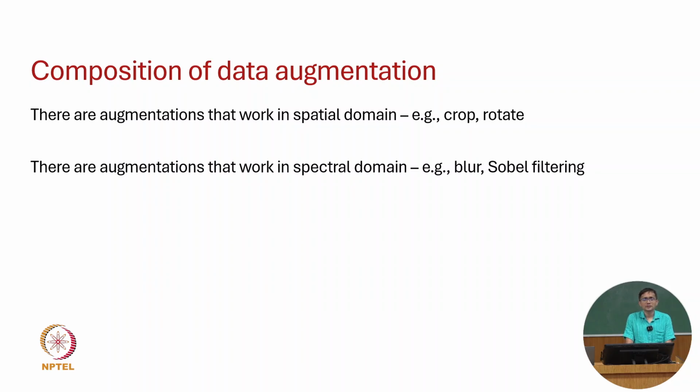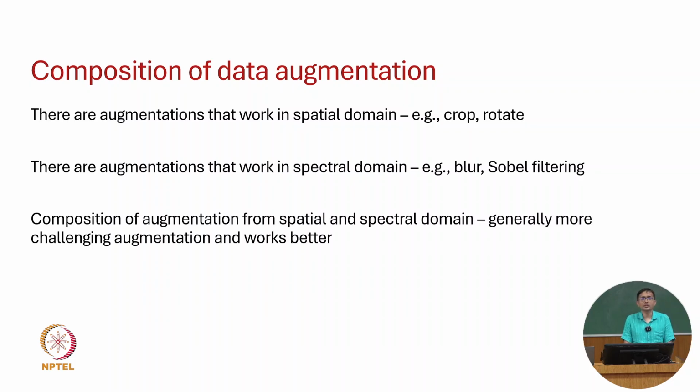Now, if you take a composition of augmentations from the spatial and the spectral domain, let's say you take a crop and you apply Sobel filtering on top of this, this would generally be considered a more challenging augmentation rather than taking a composition of augmentations from the spatial domain only or from the spectral domain only.